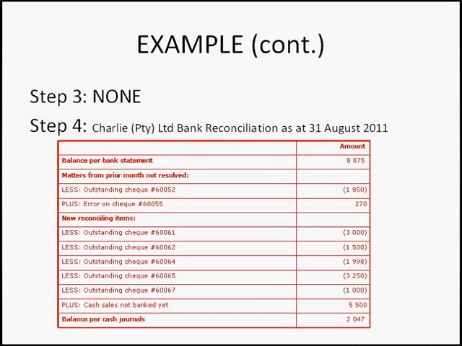Okay, so in this case, we then list all of the outstanding checks, 3,000 Rand, 1,500 Rand, 1,998 Rand, 3,250 Rand, and 1,000 Rand. Those are all the outstanding checks that I had highlighted on my cash journals page, and you have that with you as well.